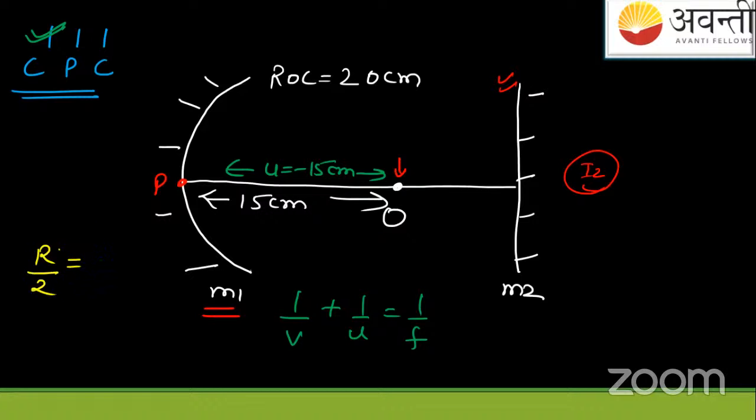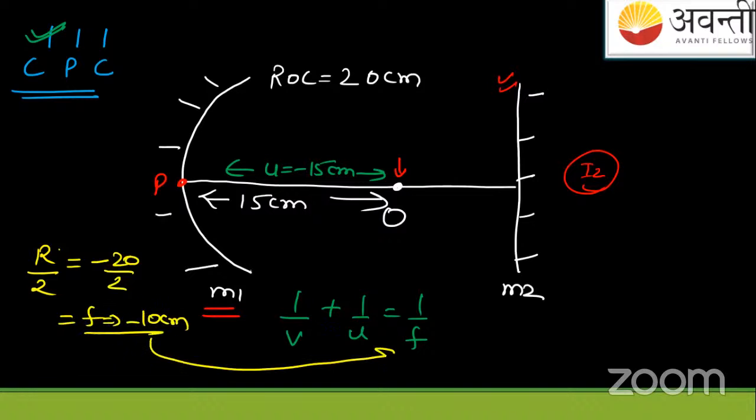R is what? 20 centimeters. It's a concave mirror. Yes, one of the students has texted, what is it? Minus. Very good. Excellent. So we'll say here R is negative, so its focus is given by R by 2. So F will also be negative, minus 20 by 2, that is minus 10 centimeters.